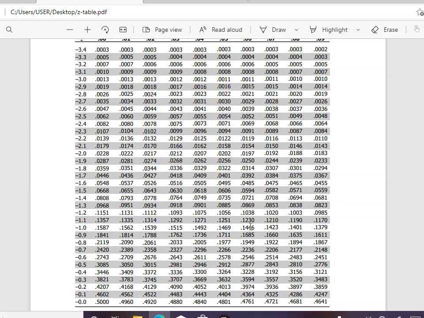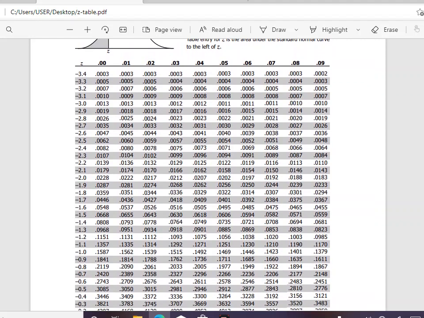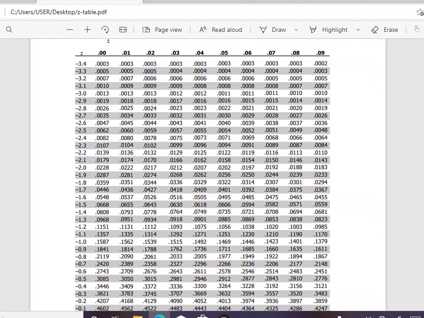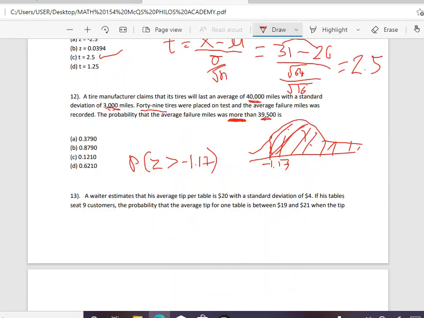So it's here. That is 0.1210. And that is the area to the left. So meaning this place is the rest, so to get this place, you take 1 minus 0.1210. And 1 minus 0.1210 is what?